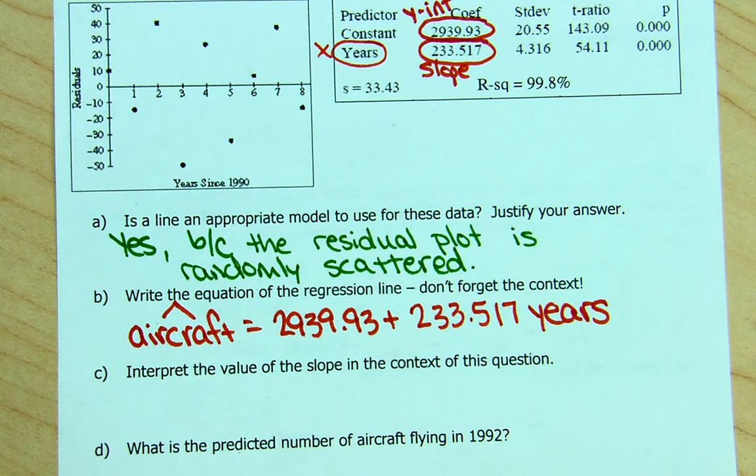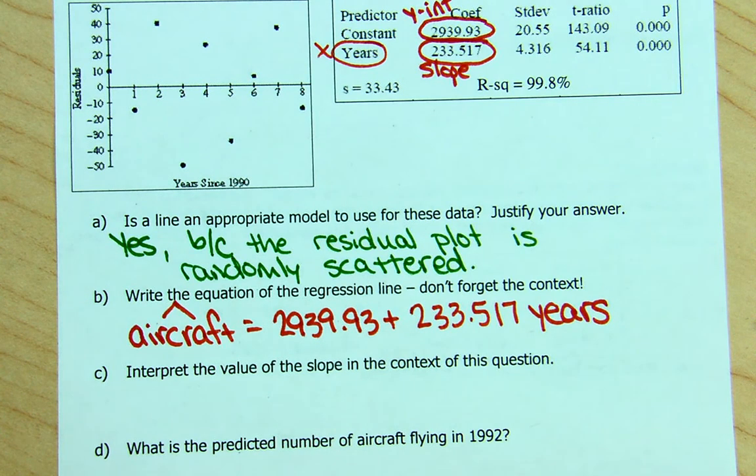So all of that information came from either the paragraph or the computer output. Everybody able to see where we got the numbers and how we got all that?